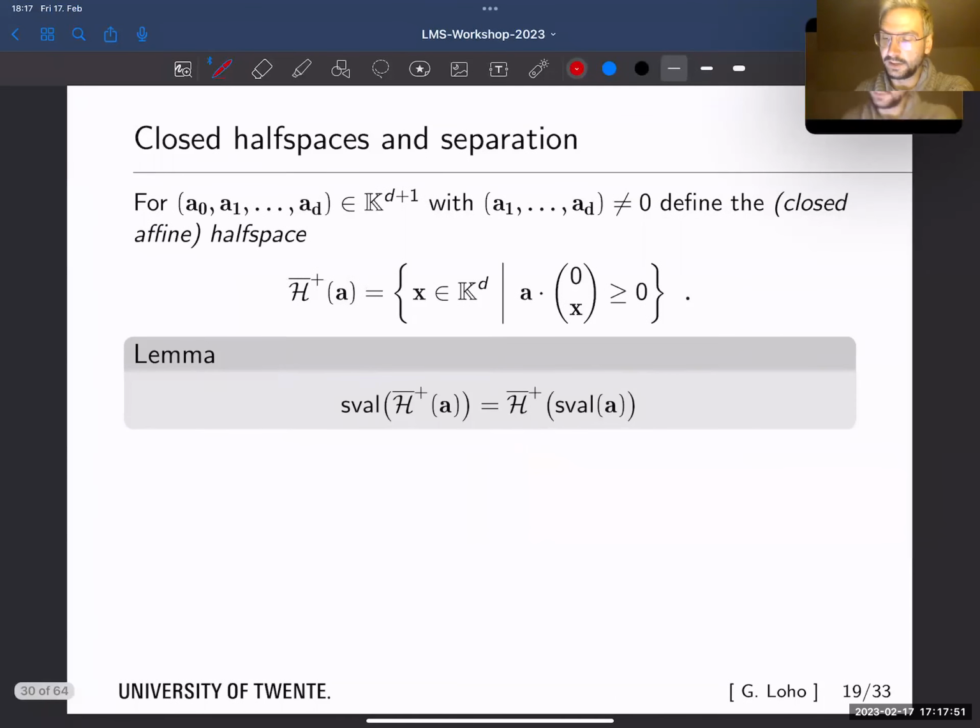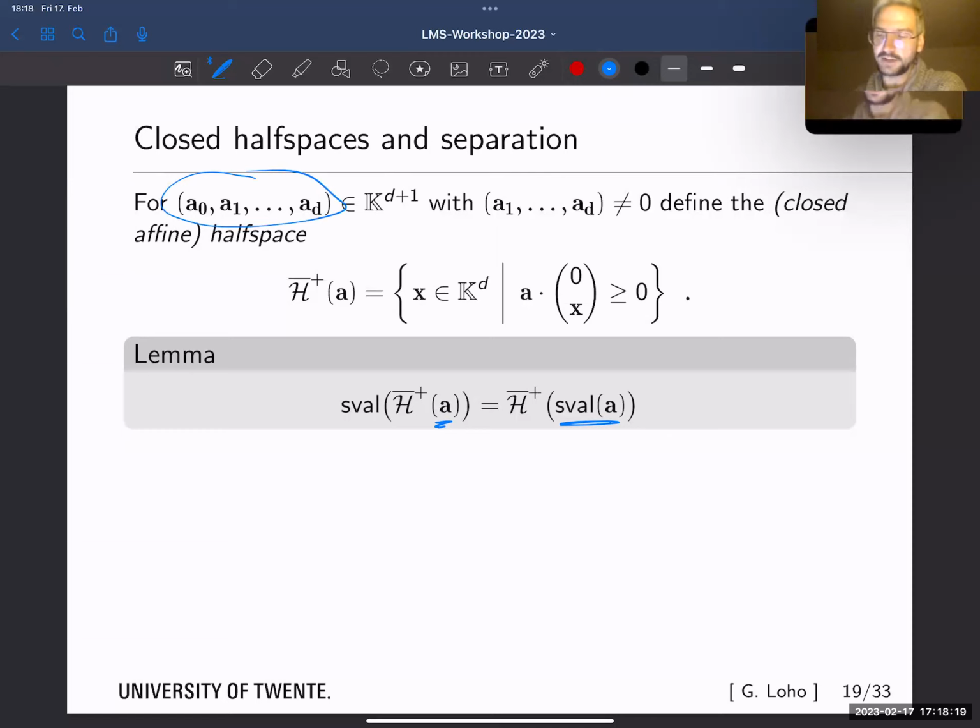And now if we take the signed valuation of this object, we really get a signed closed tropical half space, where we just take the signed valuation of this coefficient vector.